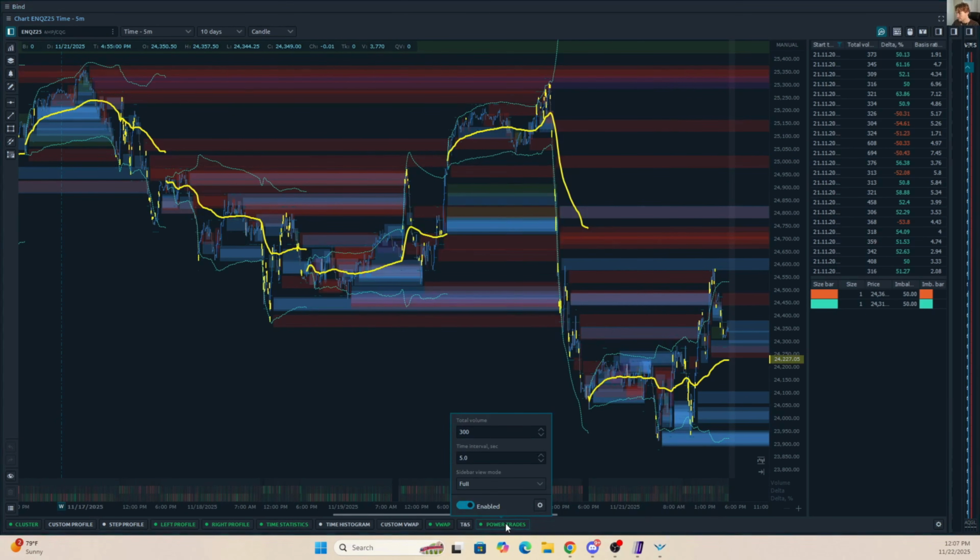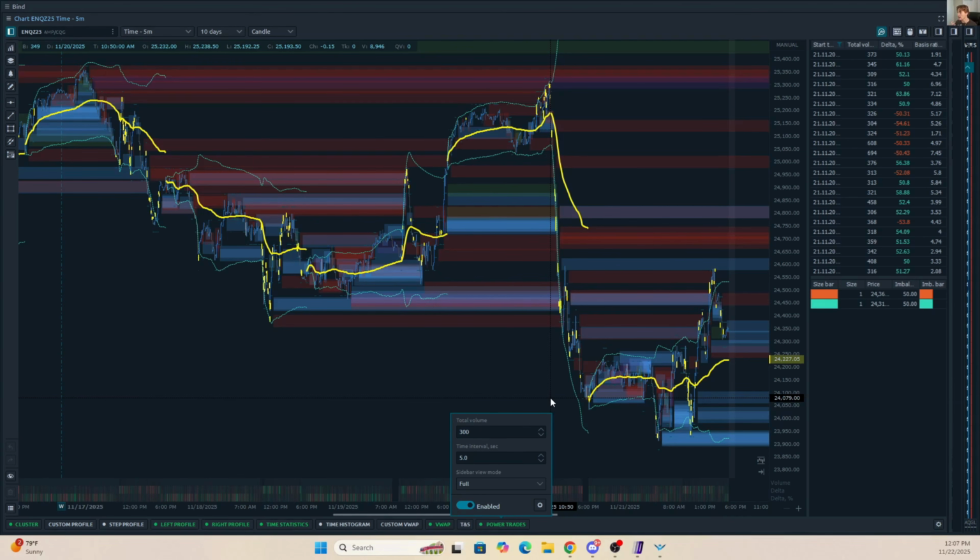Lastly, power trades. You have to adjust it depending on volatility. If it's New York session, you might want to put it on 300, 400, 500. If it's in Asia or London, you may want to put it on 150, 200. Adjust it. If there's no candles that show the volume that you have, you might need to lower it. If every candle shows the volume that you have, hey, you might need to raise it.